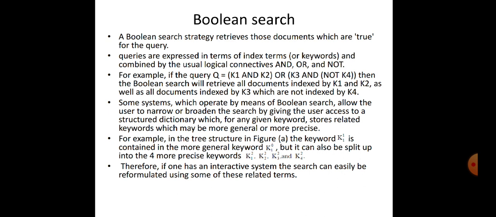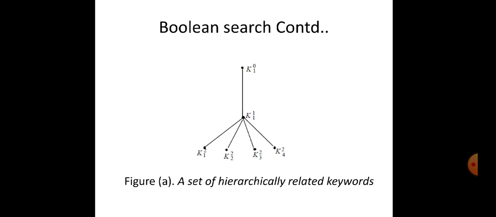For example, in this structure, I have provided K10 as the query. Then K11 is a more precise word than K10 from the thesaurus. We know that one word has different meanings in different circumstances.